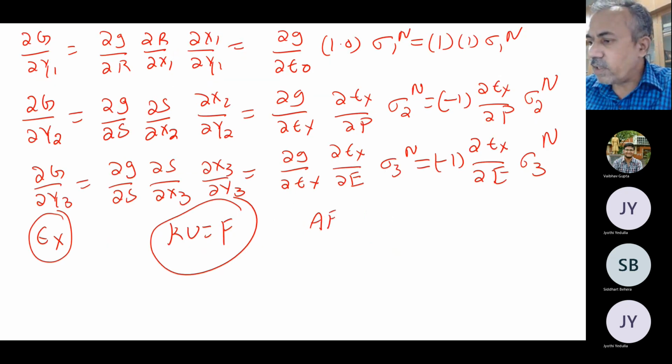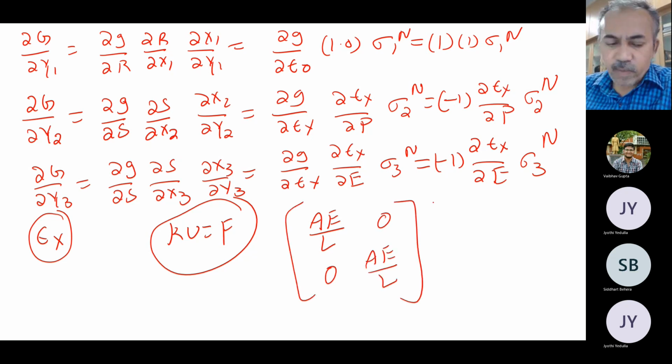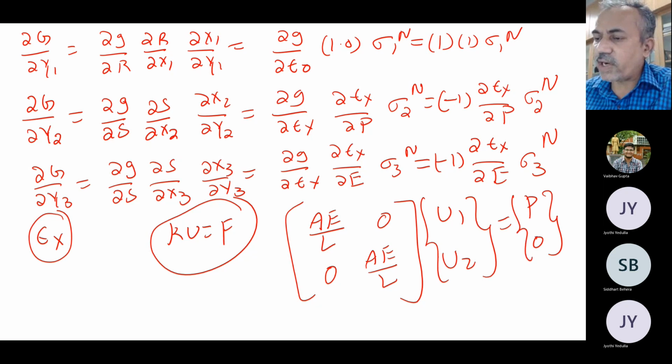The matrix turns out to be AE by L, 0, 0, AE by L, multiplied by U1, U2, is equal to load, and on the other node there is no load. So this is our finite element equation. Solve this equation and you will get U1 and then U2. So this turns out to be PL by AE and then 0. So these are the displacements.